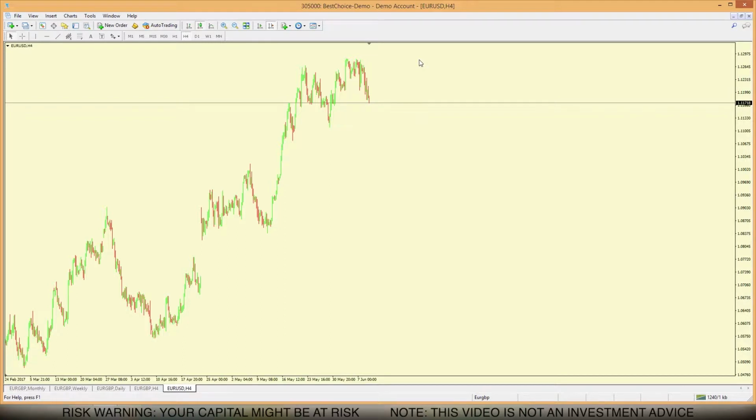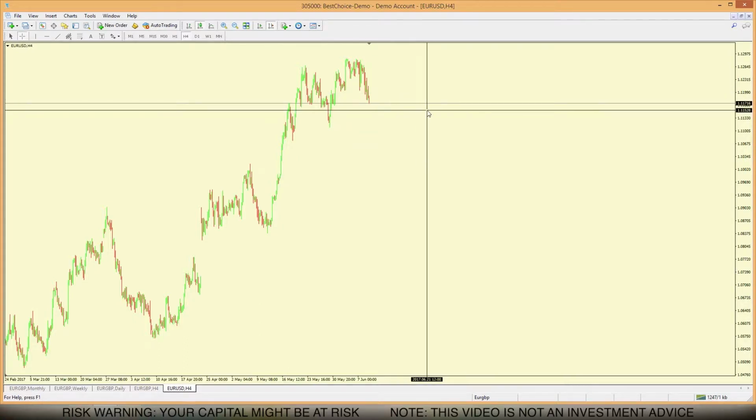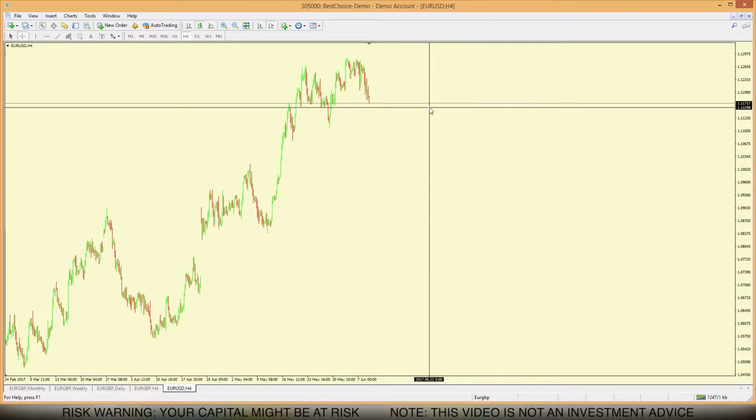If the expiration date is, I don't know, 1 hour or end of day or 5 minutes or 2 minutes or 60 seconds or whatever, and if at the expiration date price is higher than 1.1172, you'll make some money. If it is lower, then of course you will lose the investment in your binary option.